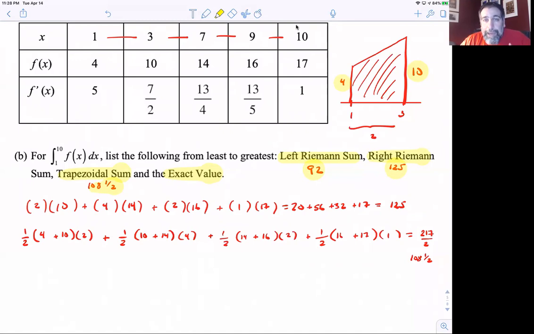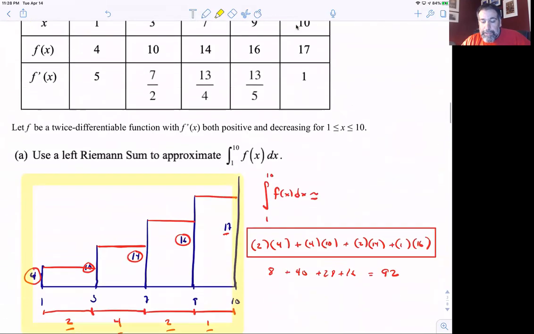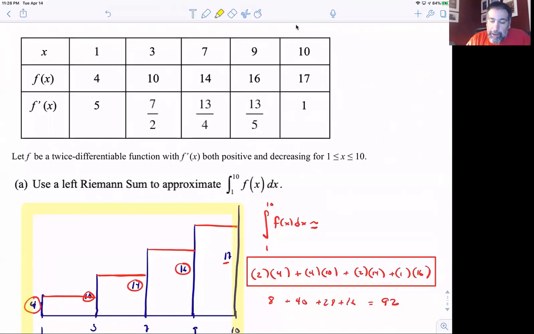So what we need to do now is go back a little bit and read this question a little more closely, because back in the beginning, I told you guys that we only have information in the table and that doesn't give us the exact information. But if we read the stem of this question, we've got a little more information, specifically right here.